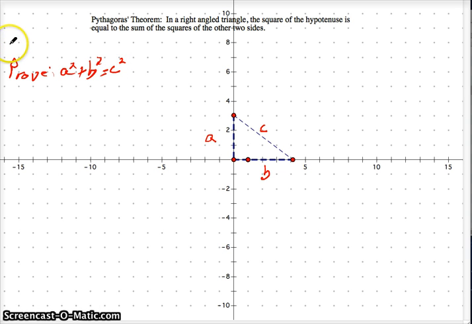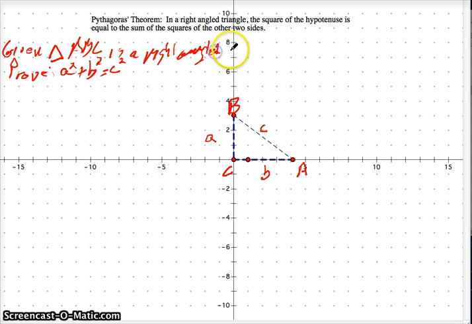And we were given, let's see, let's call this right here B, this would be C, and this would be A. So we're given triangle ABC is a right-angled triangle.